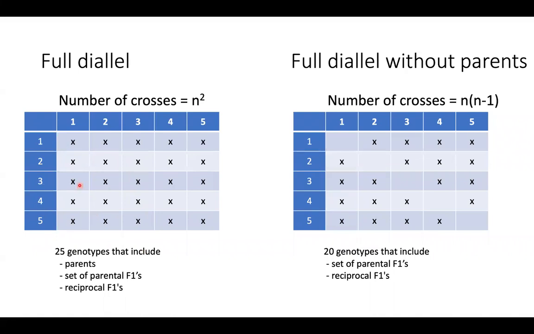So for example, here is the cross with parent 1 and parent 2, and the reciprocal cross will be here with parent 2 and parent 1.